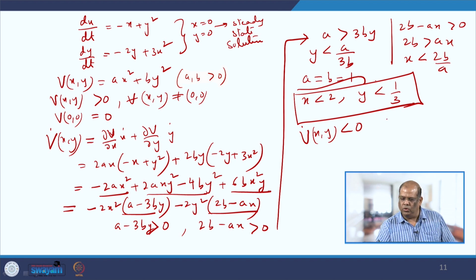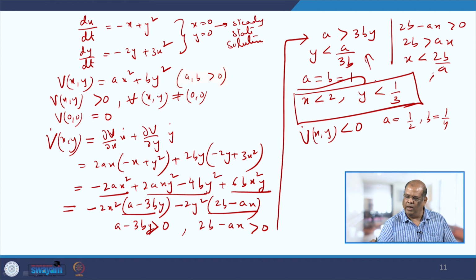But if I choose my a to be say half and b equal to 1 by 4, and if I substitute it here, here and here, I get b is 1 by 4, a is half.